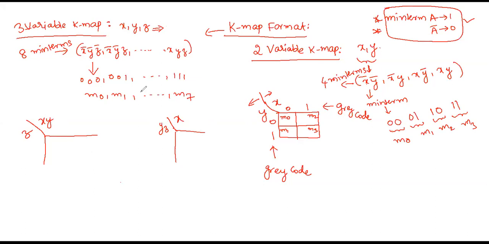Now here we need to write the corresponding gray code values for x y. What is the gray code for two variables? The gray code is 00 01 11 10. So write down those corresponding terms.